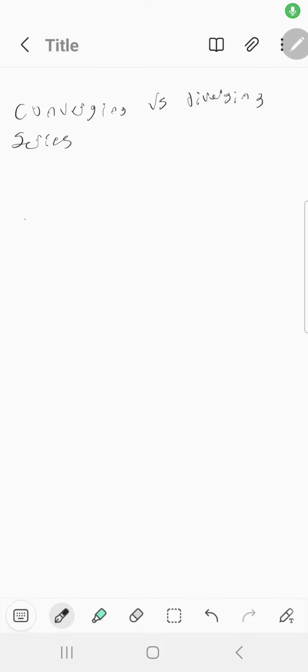Versus diverging series. So a series is a sum of a number of numbers or a number of terms. So if you're given a summation, and let's say it's just n from n equals 1 to infinity, well, the series, you're going to sum up all these n's starting from 1.